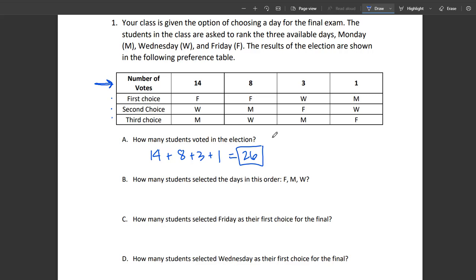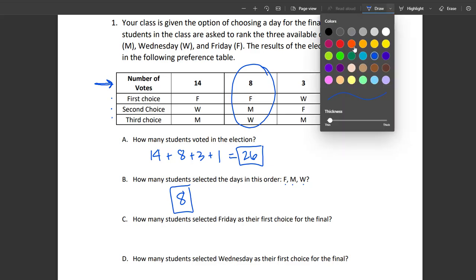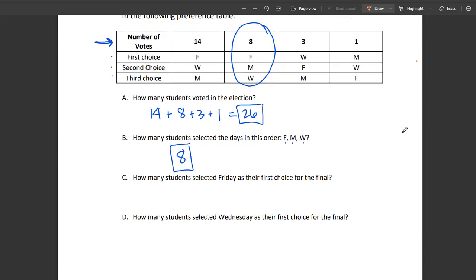B says how many students selected the day in this order? Friday, Monday, Wednesday. So we're going to go up to our table and find our first choice of being Friday. These two both have Friday, and then we want Monday and Wednesday. So that would be this column right here, and there were 8 students who made that choice. C says how many students selected Friday as their first choice.